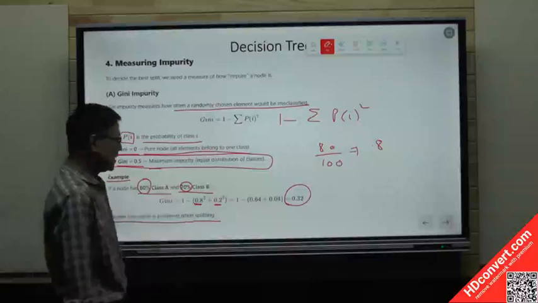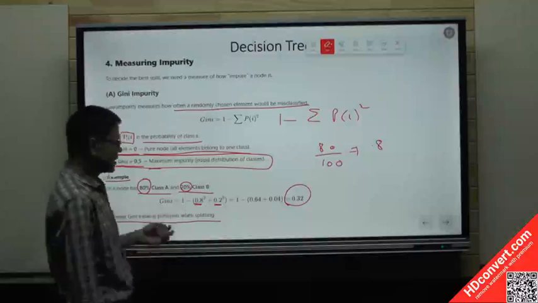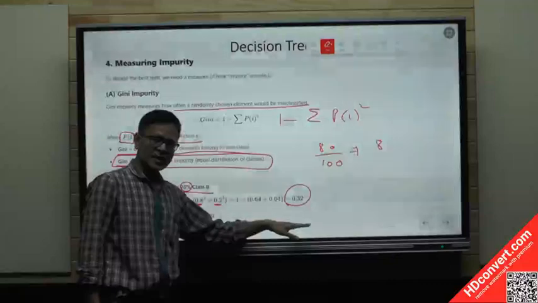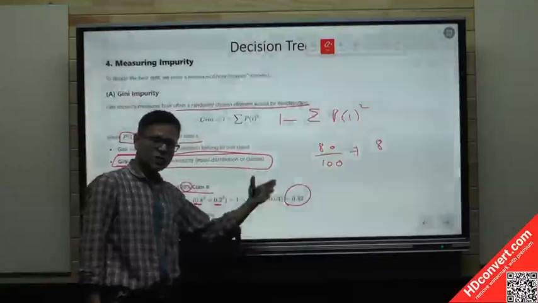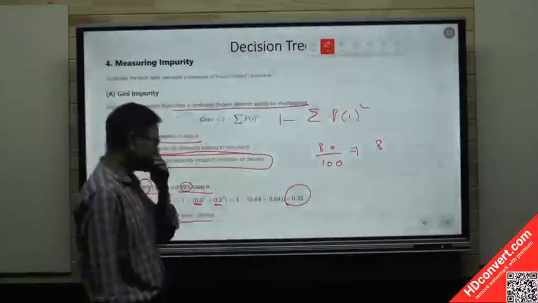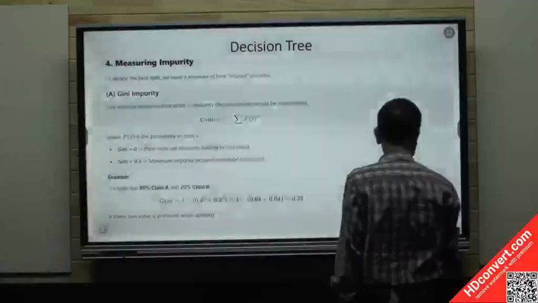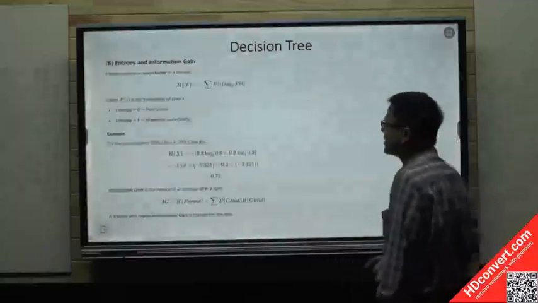If you get a lower value for some other feature at this level, you will choose the lowest value to split. So this is how the Gini index is calculated.